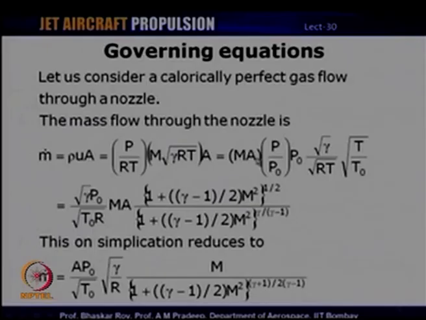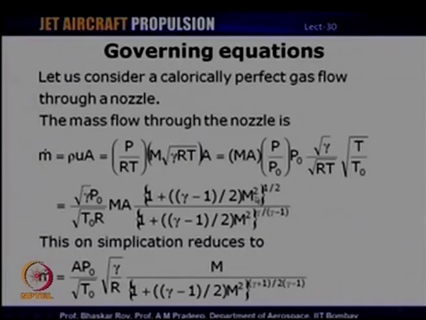We have now Mach number times area, times P by P naught, where P naught is stagnation pressure, multiplied by P naught into square root of gamma divided by square root of RT, into square root of T by T naught. This basically comes from this expression here, because we have a square root of RT here and RT. So, this becomes square root of RT and T by T naught.